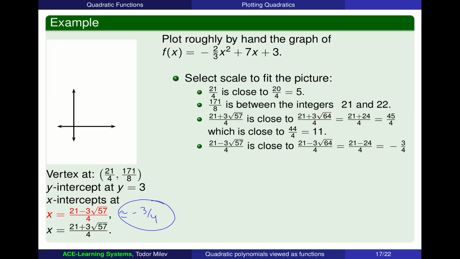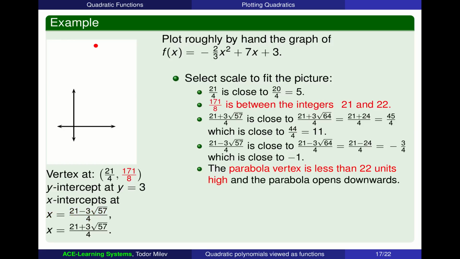Which of course we can approximate as approximately -1, right? Because our scale will have to fit quantities as large as 20 units, and when you have to plot such a large quantity, it will be difficult to be very precise about small quantities such as -3/4.